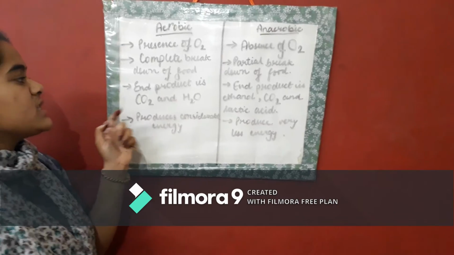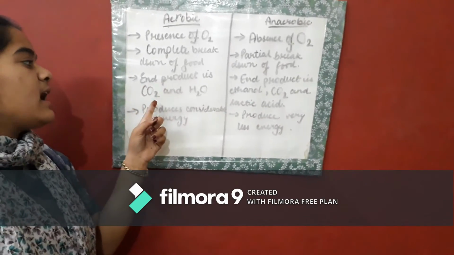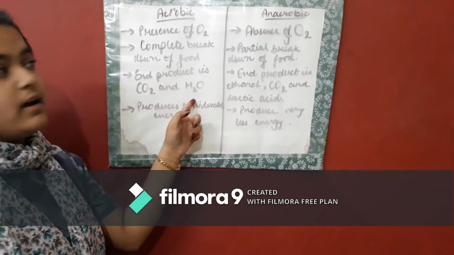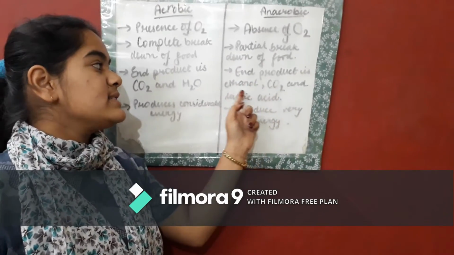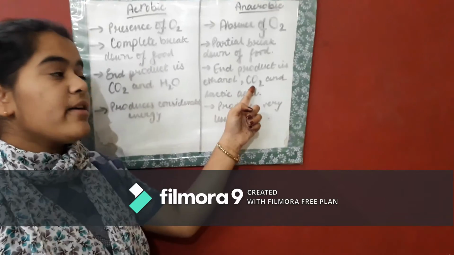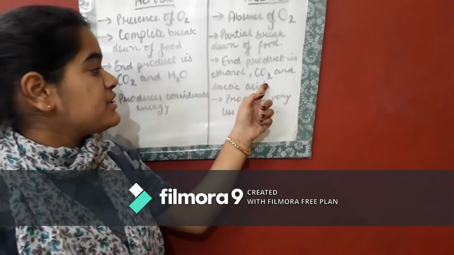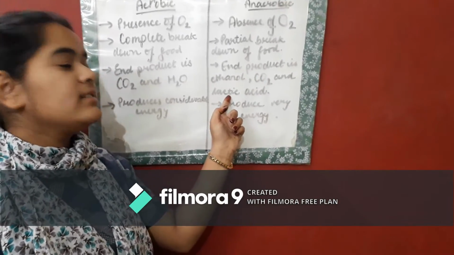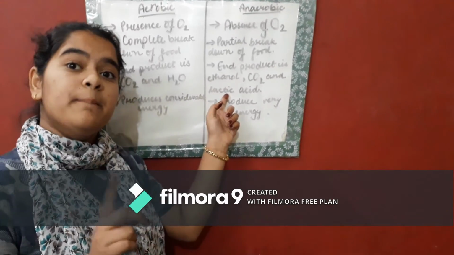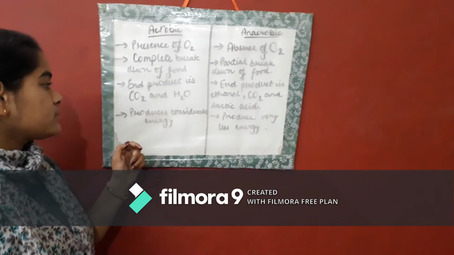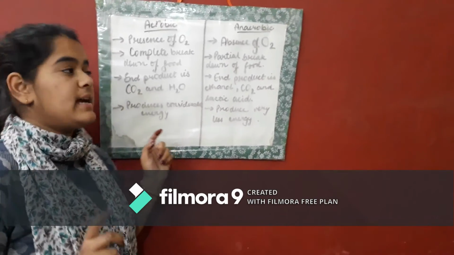In aerobic respiration, the end products are carbon dioxide and water. In anaerobic respiration, the end product is ethanol and carbon dioxide in the case of fermentation, and lactic acid in the muscles of people due to excessive exercise.